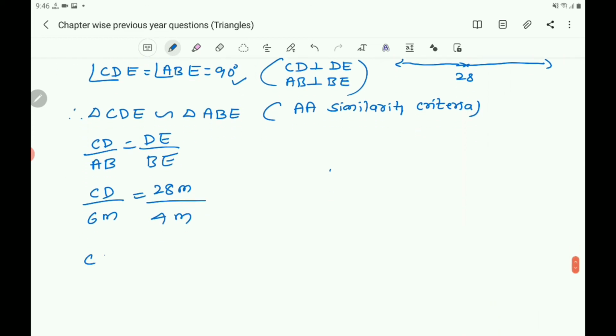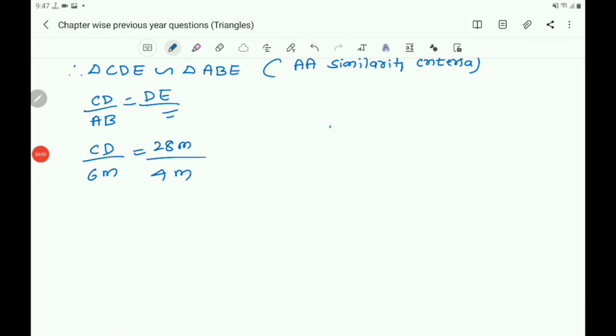Then it becomes CD equals, so you can cancel: 4 ones are 4, 4 sevens are 28, then CD is equal to 7 into 6 meter. Do the cross multiplication, you will get 7 into 6 meter, then CD is equal to 7 sixes are 42 meter.